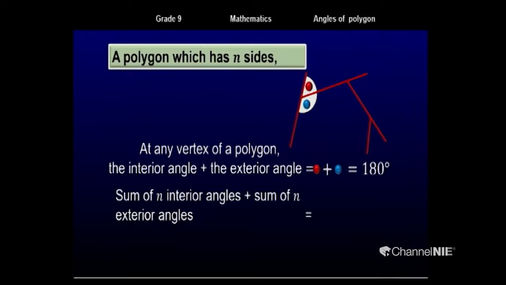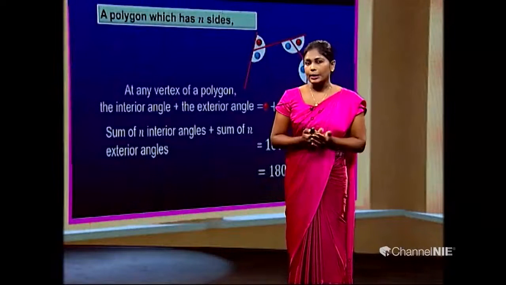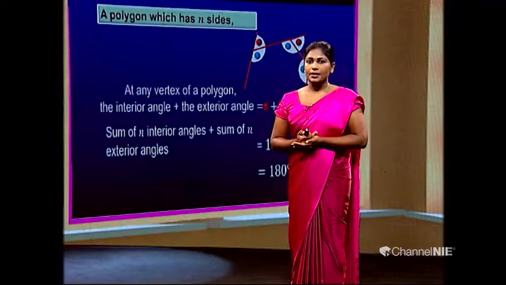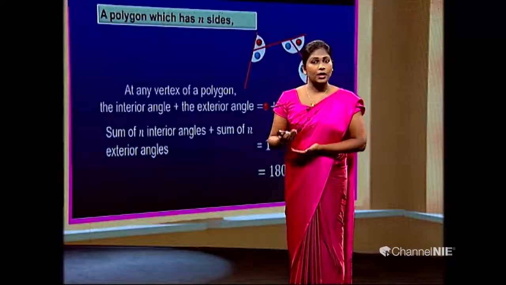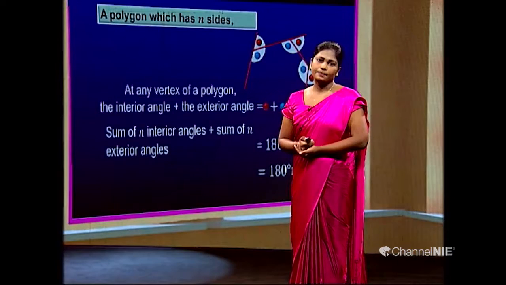When we consider the polygon which has n sides, the sum of n interior angles plus the sum of n exterior angles equals 180 times n. Why? Because we consider the vertex of a polygon. So you know the interior plus exterior angle is 180. Here the number of sides is equal to n, so you have to multiply by n, then you obtain 180 times n.